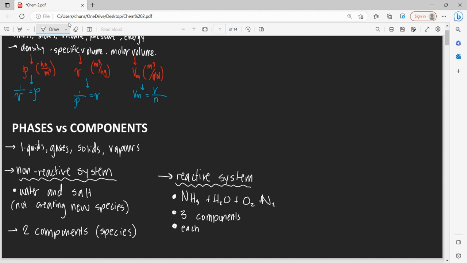So you see that we'll have hydrogen from our ammonia and water. So then we have hydrogen, oxygen, and nitrogen present. So in that case, we would have 3 components.